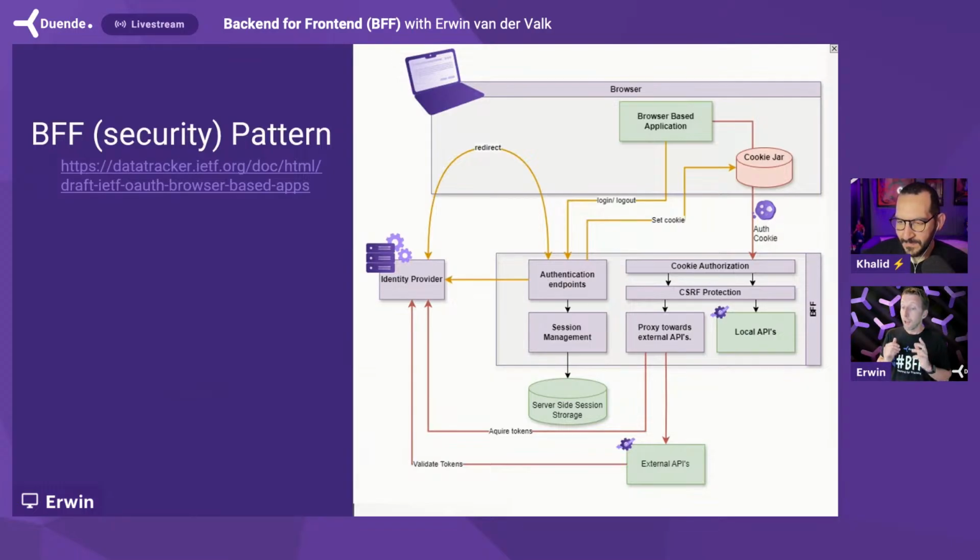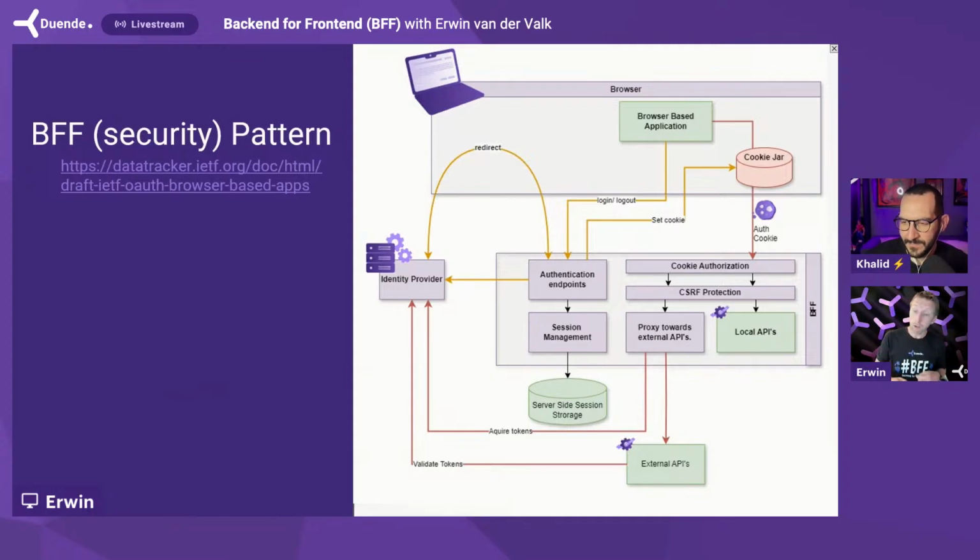So when I'm talking about the BFF pattern as the IETF is documenting it, I typically tag the word security there. So BFF security pattern, so that we know that it's not just a backend for a specific front end, but we're also doing some security specific things.